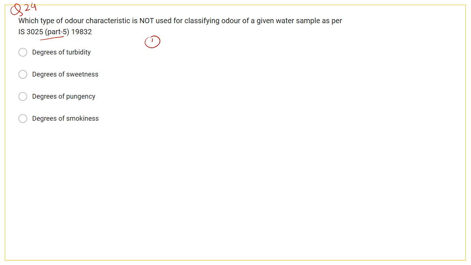First one is degree of sweetness, then degree of pungency, third is degree of smokiness, and last one is degree of rottenness. So these are the four odor characteristics, but the degree of turbidity is not a characteristic. Here they ask about not used, so option number first is correct.